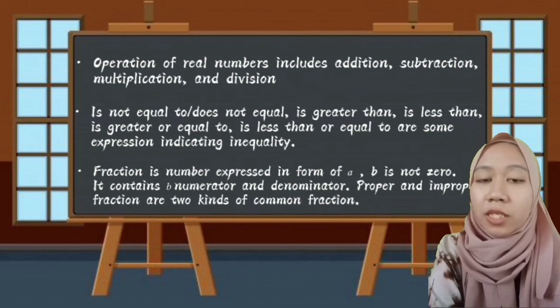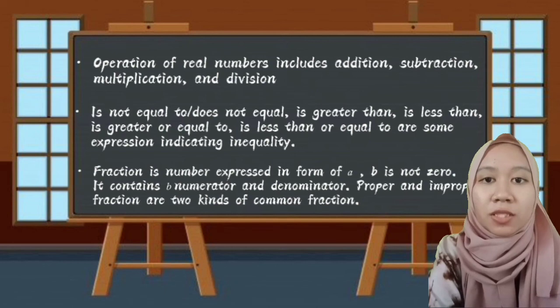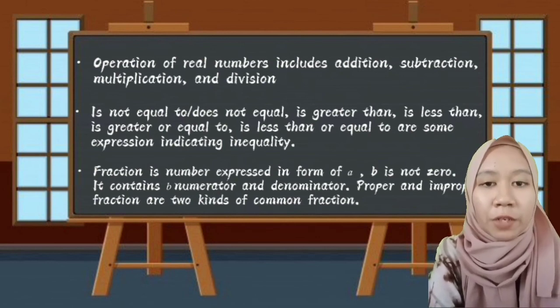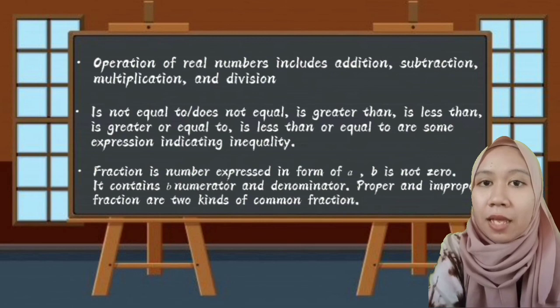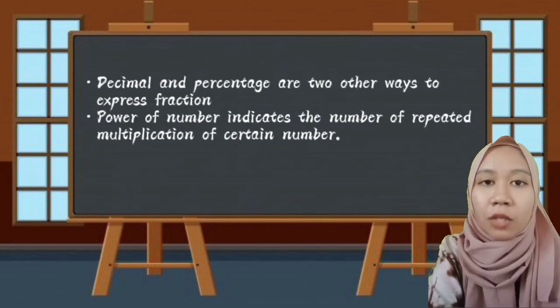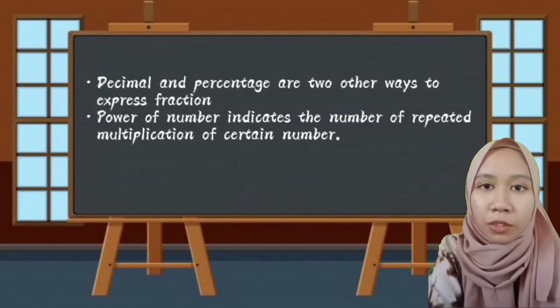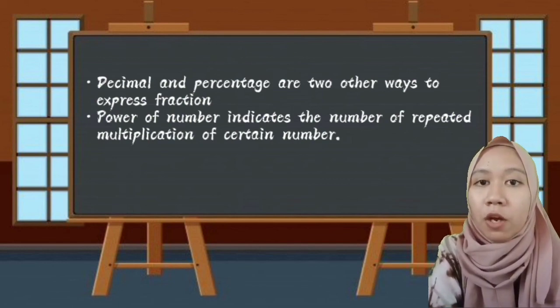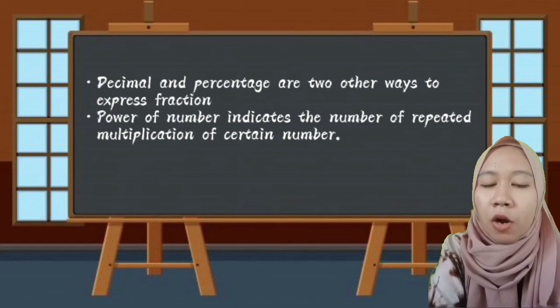Next, a fraction is a number expressed as A over B, where B is not zero, containing a numerator and a denominator. Proper and improper fractions are two kinds of common fraction. Next, decimal and percentage are two other ways to express fractions. And the last, the power of a number indicates the number of repeated multiplications of certain numbers.